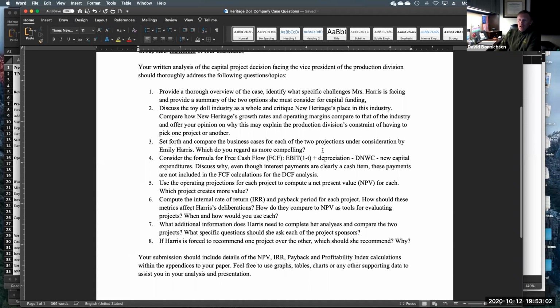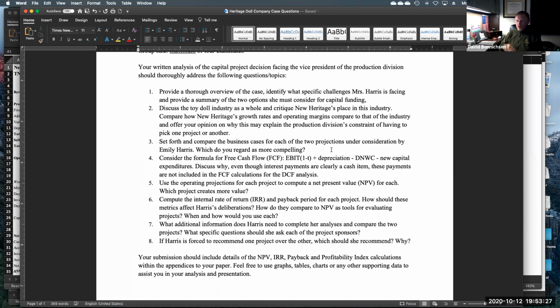Compare the business cases for each of the projects. Forget the numbers, but from a business case standpoint, which project do you find more compelling? Which one's sexier than the other one? Which one seems to be nicer? Which one might deliver a nicer doll to the end consumer?